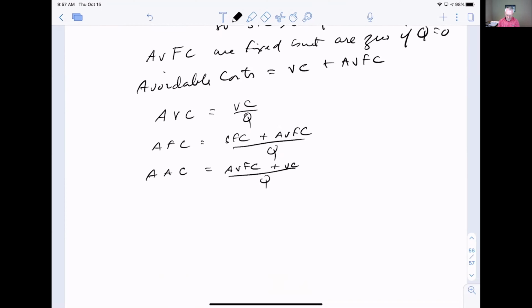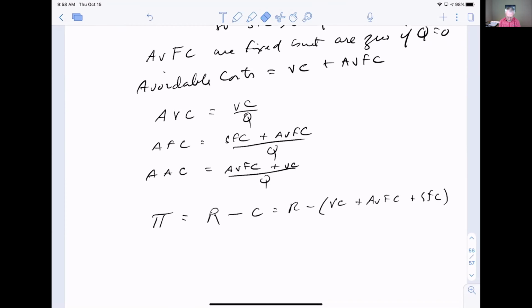Now, our argument here is that profits now are going to be equal to revenues minus costs. But what are my costs? It's going to be variable costs plus avoidable fixed costs plus sunk fixed costs. All right.